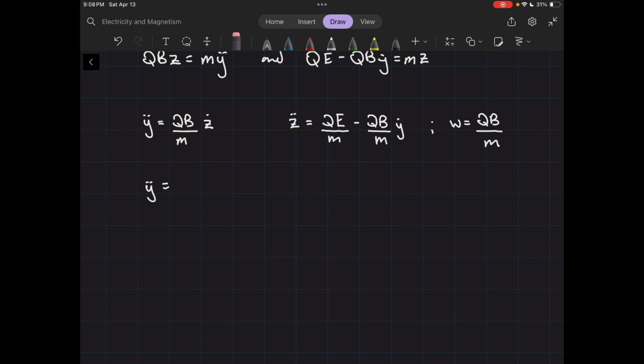I'll just keep it like this for now because I'm going to reduce this one. z double dot can be written as QB over M times E over B minus y dot, where this is the cyclotron frequency.